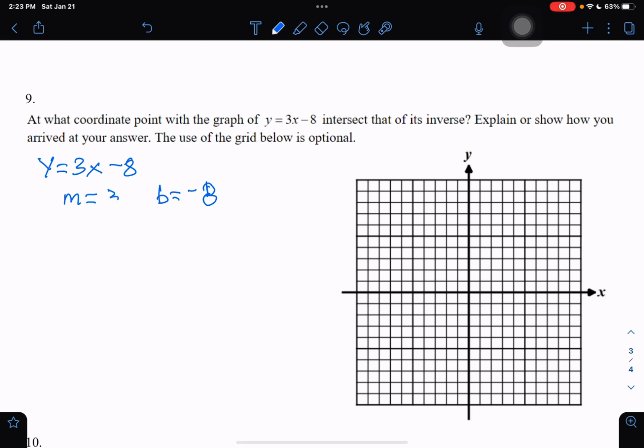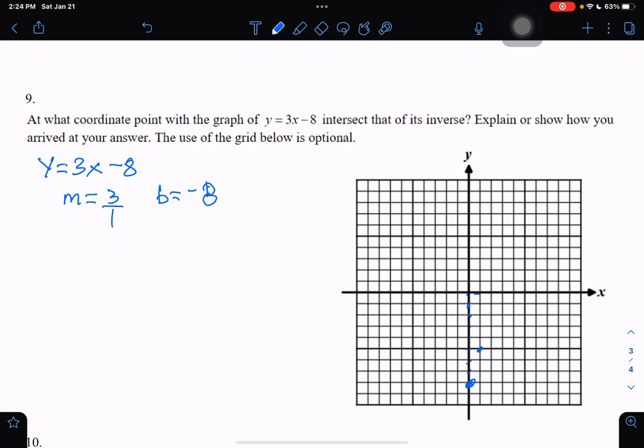And our slope is 3 over 1. So we could start at negative 8, go up 3 over 1. Let me start at negative 8. 1, 2, 3, 4, 5, 6, 7, 8.